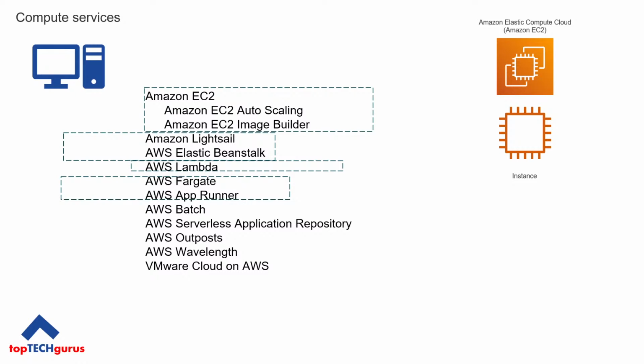To make that easy, Amazon has Lightsail and Elastic Beanstalk services that bundle all this work together for you: setting up an EC2 instance, setting up the network, opening the network port for entry from outside. All those things get bundled together, and those are easy-to-use services such as Lightsail and Beanstalk.